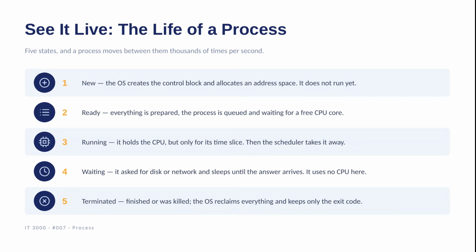When the scheduler picks it, it enters running, but only for a brief time slice before it's swapped out again. If it asks for something slow, a disk read, a network reply, it drops into waiting, sleeping without consuming any CPU until the answer arrives. And finally, terminated. The work is done or the process was killed, the OS reclaims its memory, and all that remains is a small exit code.